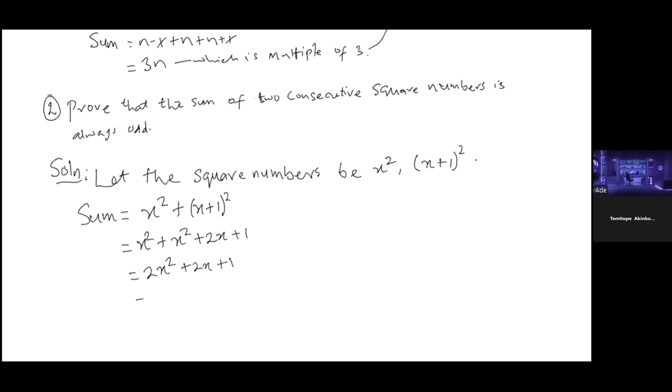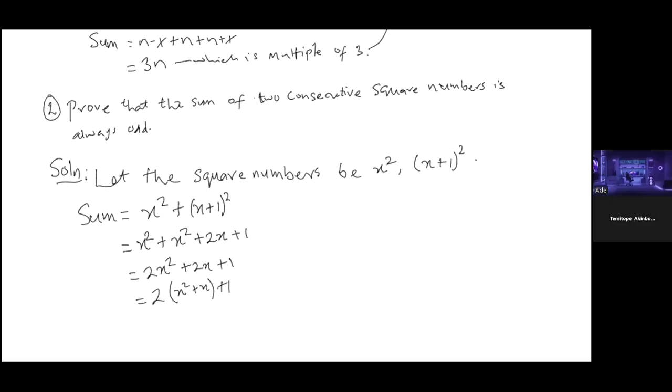And if you look at the first two terms, you can factor out 2. So if you factor out 2 in the first two terms, you have 2 times (s squared plus s), plus 1.